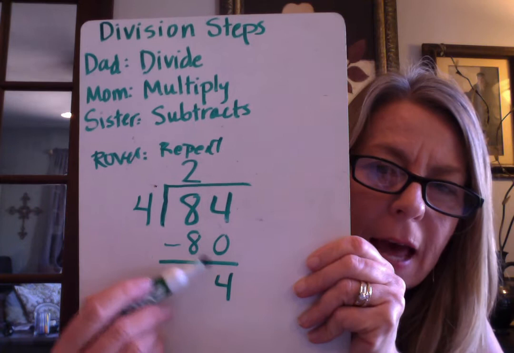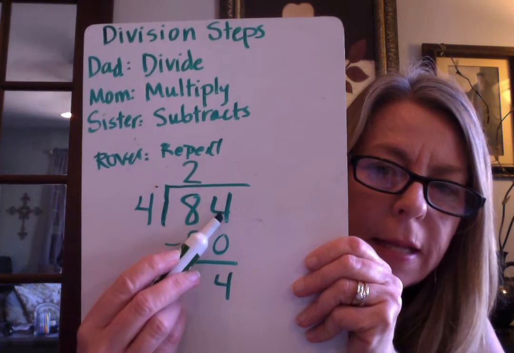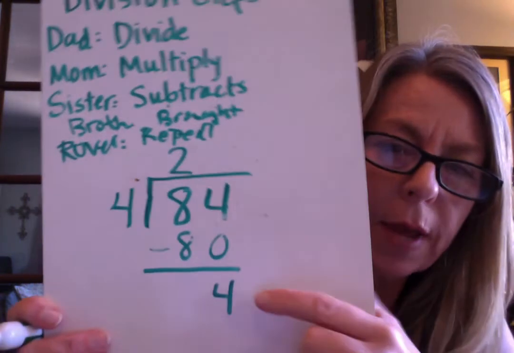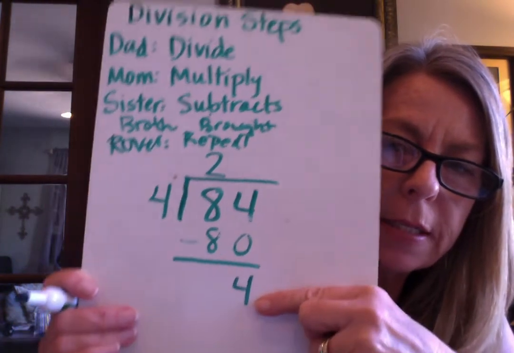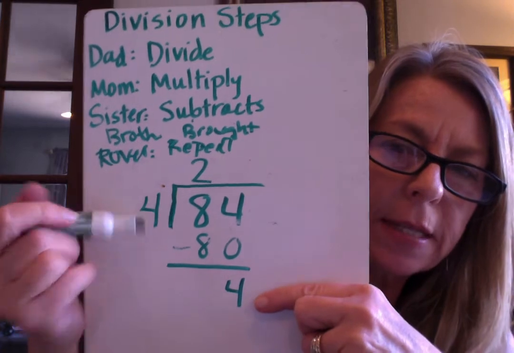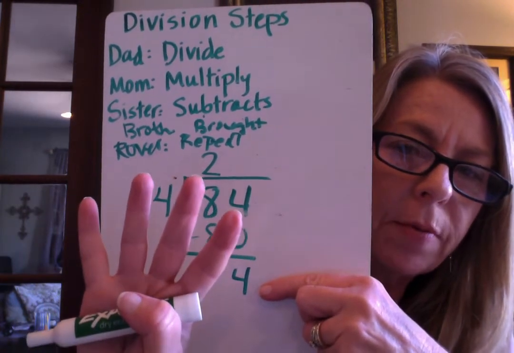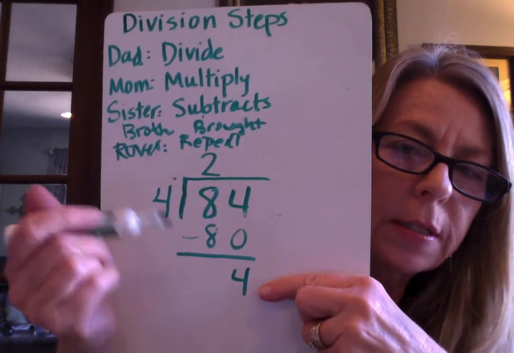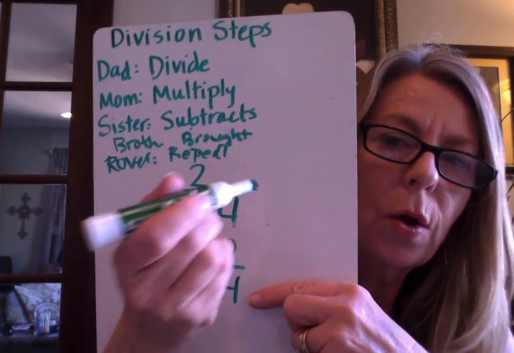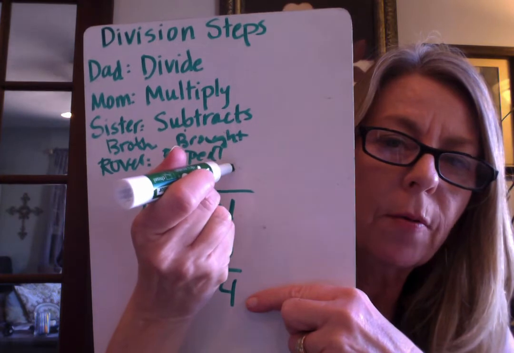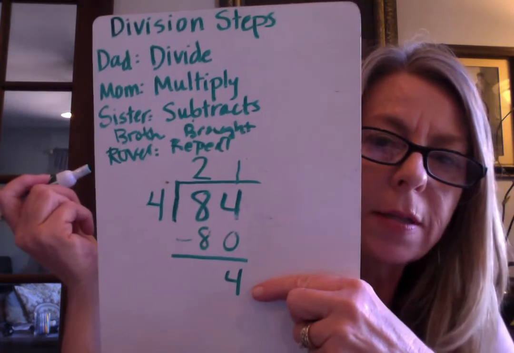We took the 80 out of it, so now we still have these 4 ones, and Brother brought it down so that we could divide our 4 ones. Okay, so here are our 4 ones that we want to divide into 4 equal sets. So if you have 4 ones and you put them in 4 equal sets, how many would be in each set? 4 divided by 4 is 1, and we're going to put that right there in our ones column.